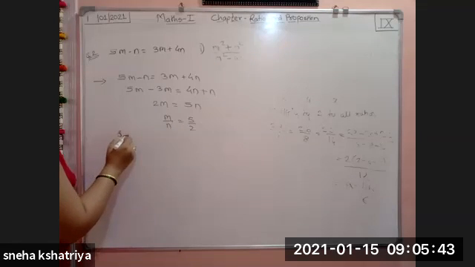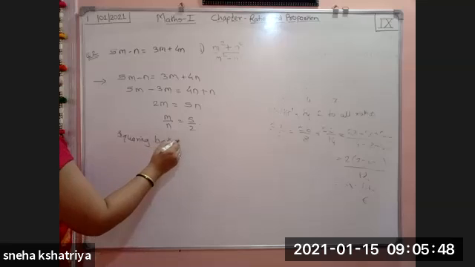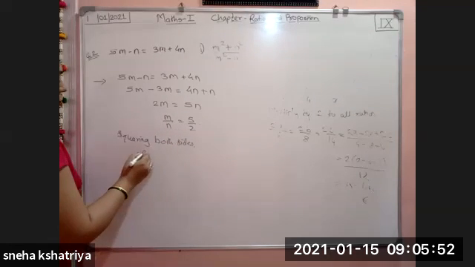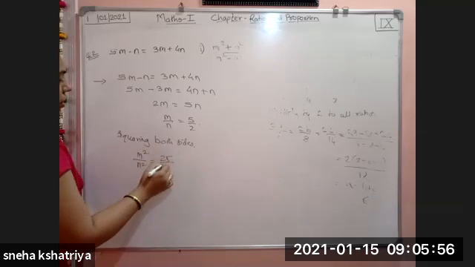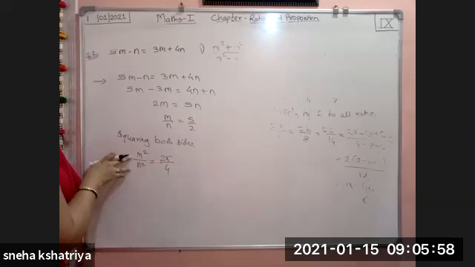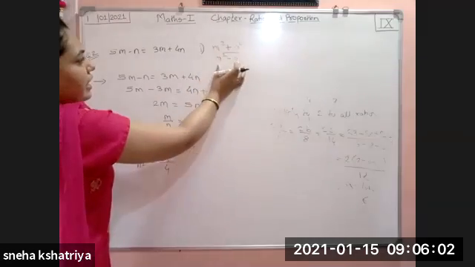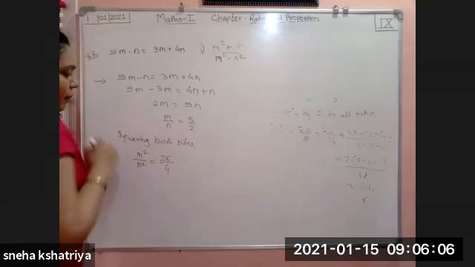Squaring both sides. So what will we get? m square divided by n square, which is equal to 5 square is 25, 2 square is 4. Now see here, m square and n square are there. At the numerator addition is there, at the denominator subtraction is there. Okay. So this is what you call componendo dividendo.